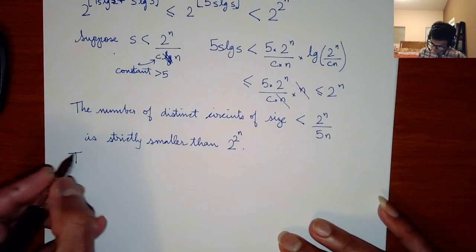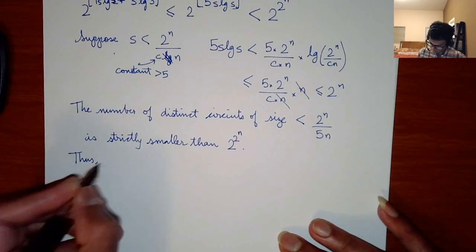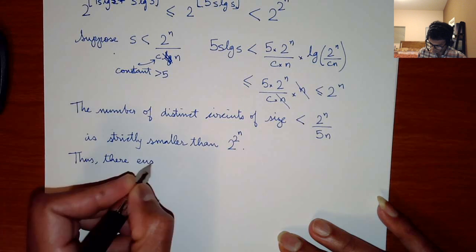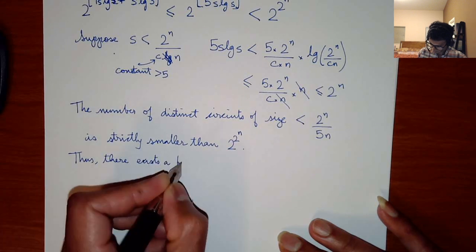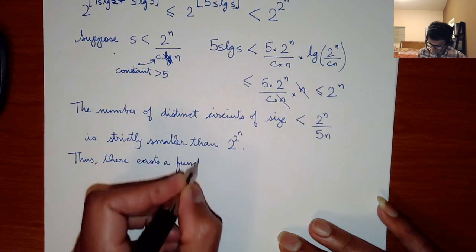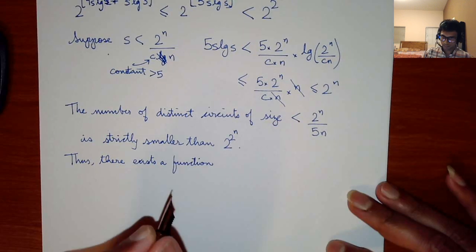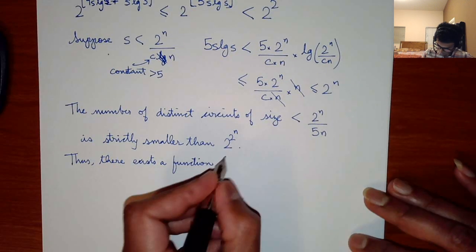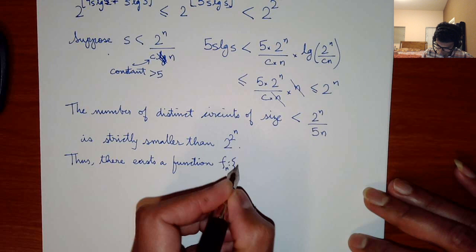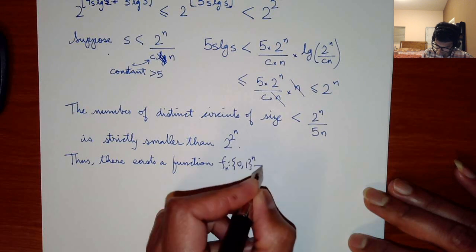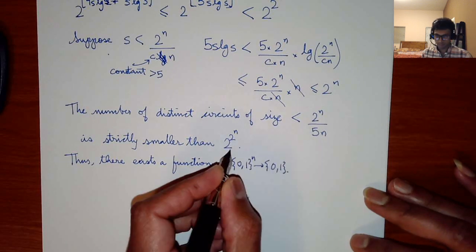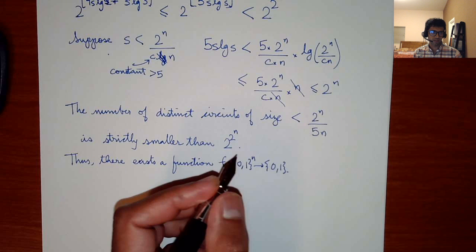Thus, there exists a function, which we'll call f of n, the hard function on n bits, because there are more functions than there are circuits. This is a counting argument.